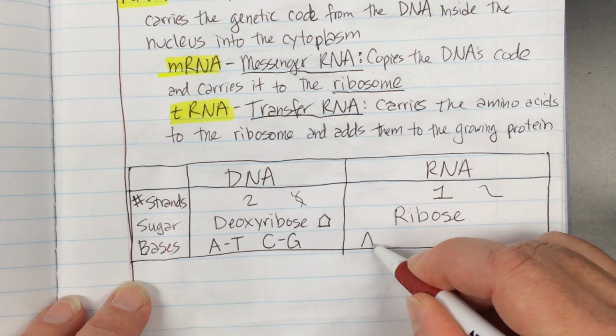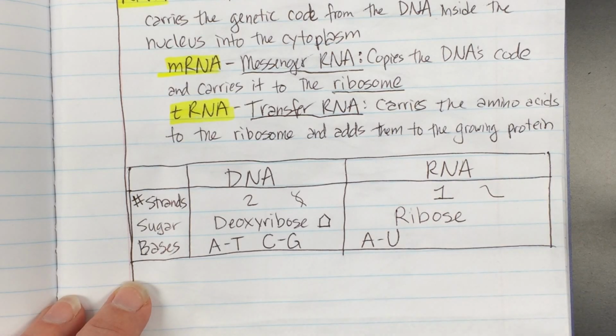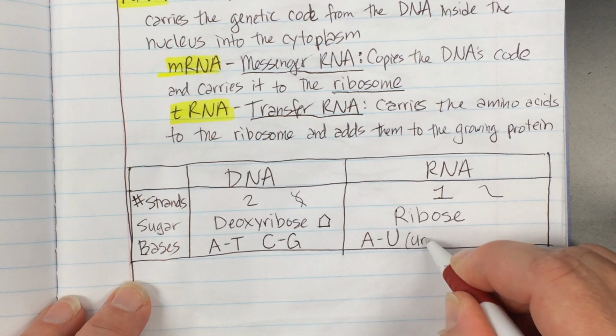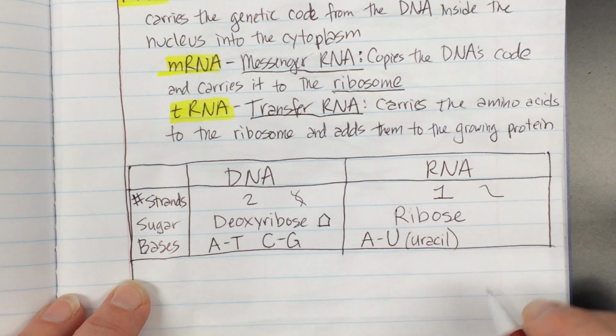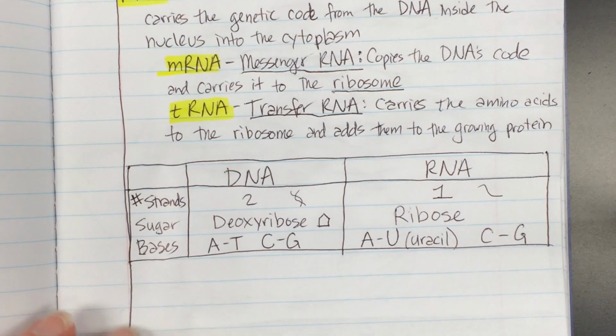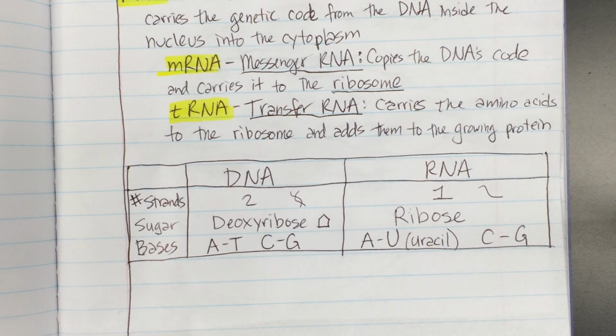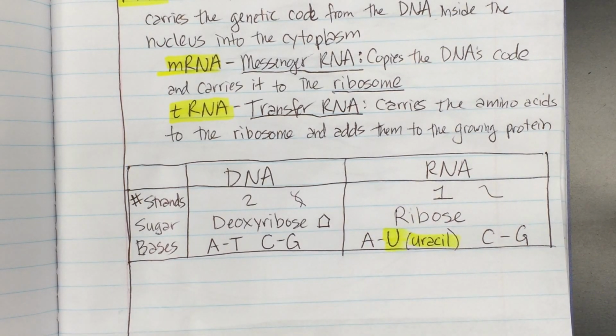And that is you have A and U for uracil. Uracil. That's the difference. And then you still have C and G. So I'm going to highlight uracil and the U. That's the big difference.